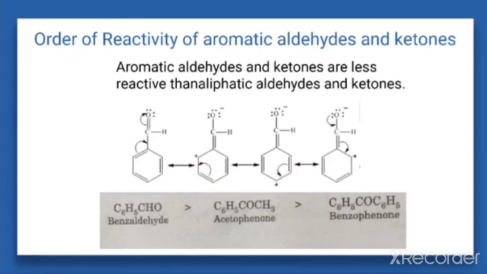That means when you compare the reactivity, benzophenone is the least reactive, and when we talk about steric hindrance, there will be greater hindrance because the size of the two groups is much bigger. In acetophenone there is one bigger size and one smaller size, and in benzaldehyde there is only one group. So this will be more reactive compared to the others. But when we compare the reactivity of benzaldehyde with acetaldehyde, acetaldehyde will be more reactive. So that is the order of reactivity of aromatic aldehydes and ketones.